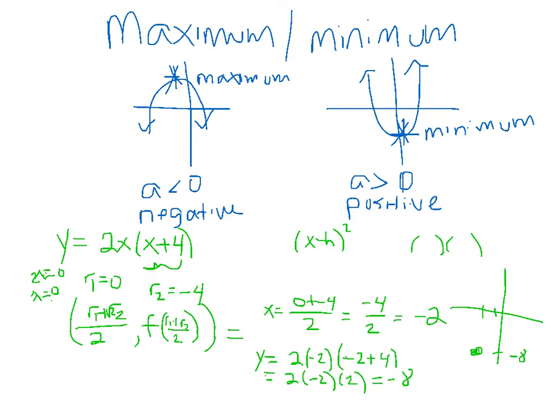So the way I want you to write your answer is we have this point, negative 2, negative 8, and we said this is a minimum.